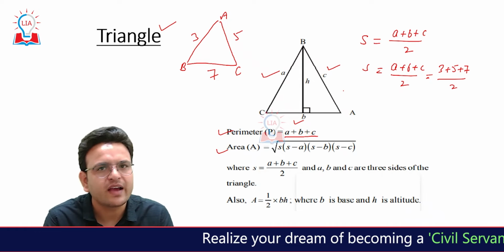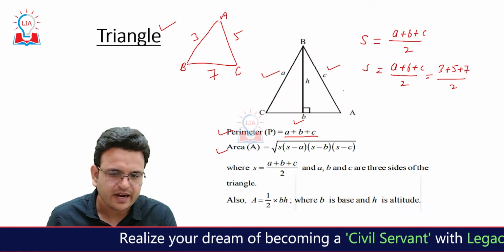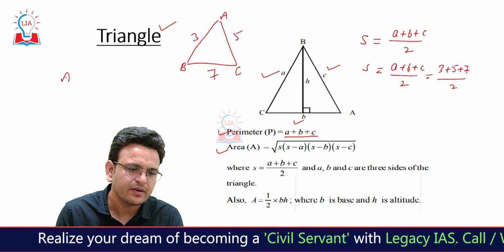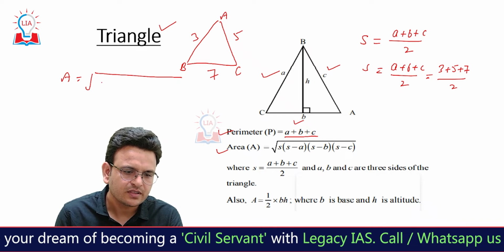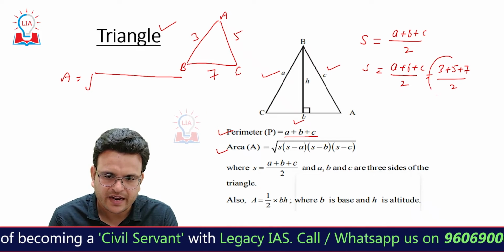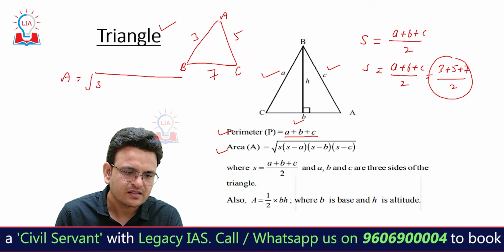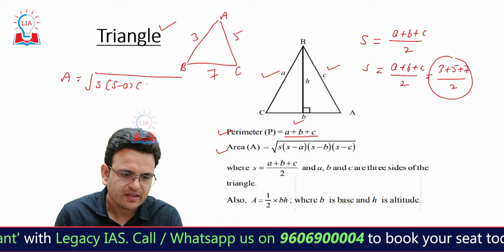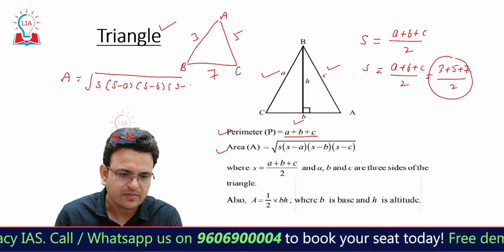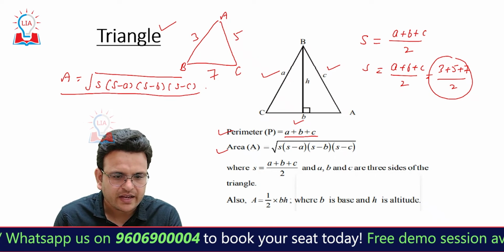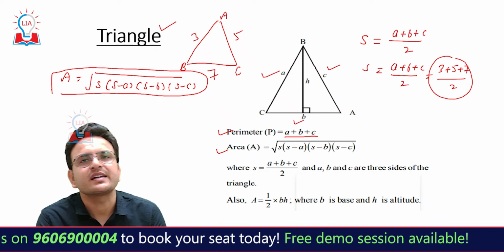We will get the value of S, and after getting the value of S, the area will be root S, S minus A, S minus B and S minus C. This is a simple way to get the area of a triangle.